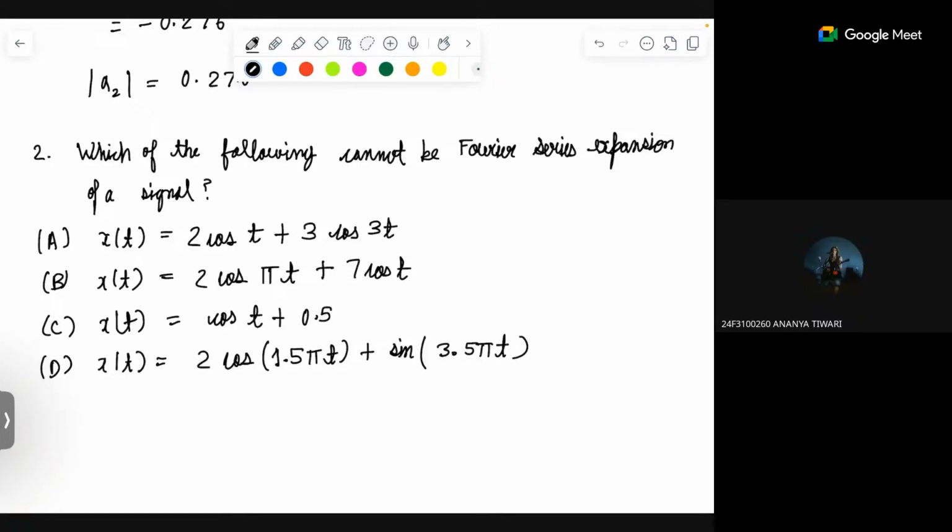Others also got B, or are you still solving? Diksha, Bhosle, Srinivas, did you also get B, or are you still solving? Still solving. Okay, just one more minute, okay?